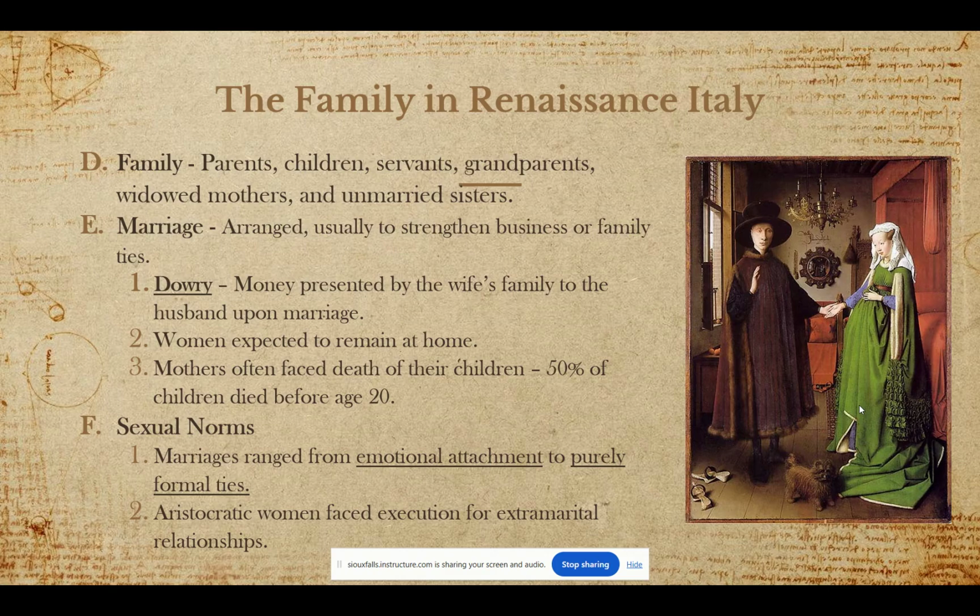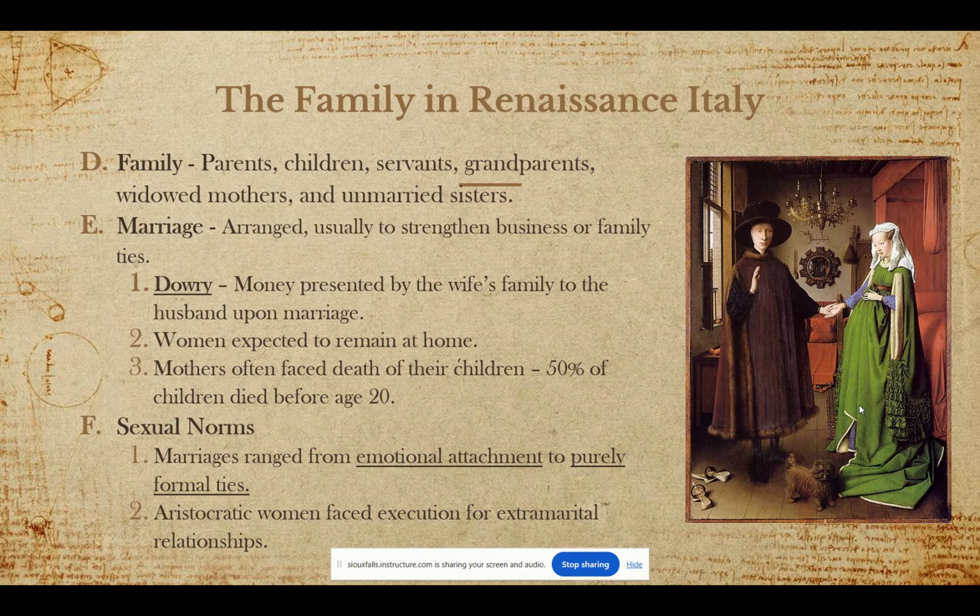Marriages ranged from some people having legitimate emotional attachment, where even though the marriages were arranged, they eventually learned to love the person they were with, and then sometimes these marriages had no emotional attachment. It was just a formal tie. And it was very common in situations like these for men to seek relationships outside of the marriage.